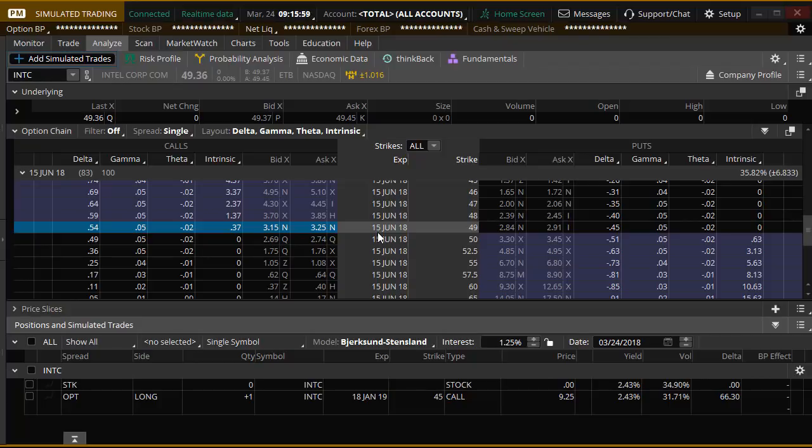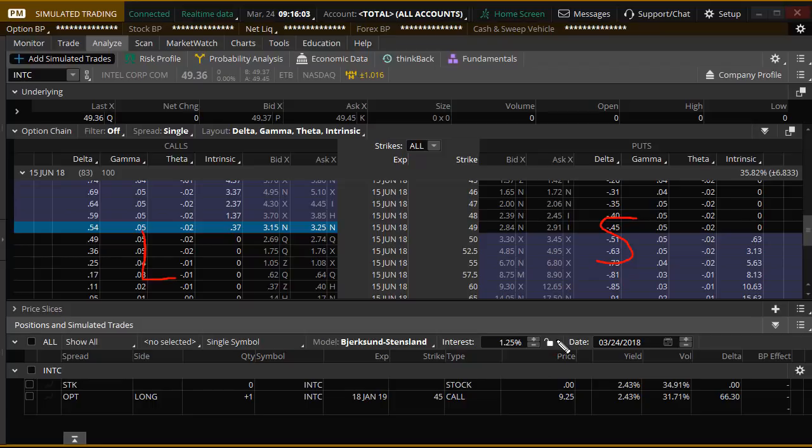Okay? A lot of people understand that they get the idea that calls are for the long side of a trade, and they get the idea that puts are for the short side of the trade.